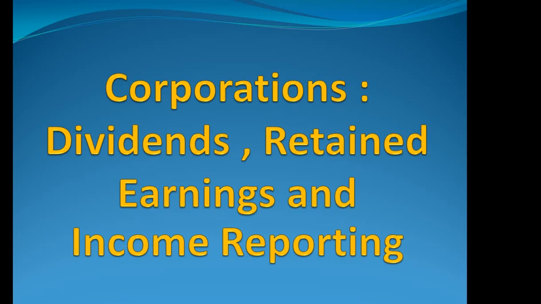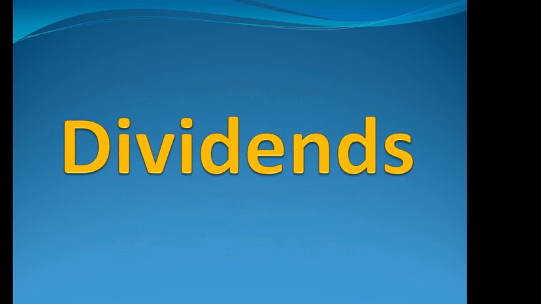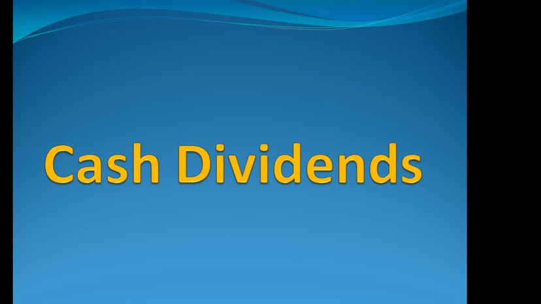Cash dividends to be paid by the corporation must have the following conditions. Number one, retained earnings. It means we have enough balance of retained earnings to distribute cash.